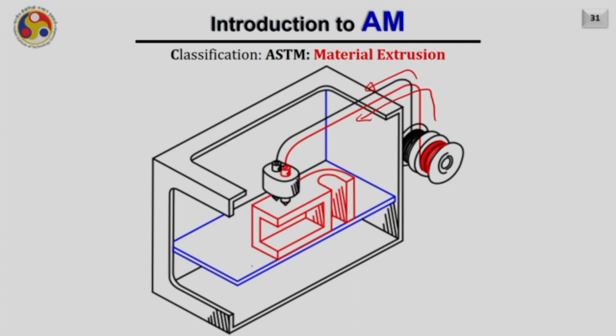There is a platform on the bottom side which can move in x and y directions, and usually the z axis is with the head. It can go up and down, and hence you can create 3D objects. Parts like this are created by FDM or material extrusion based processes.